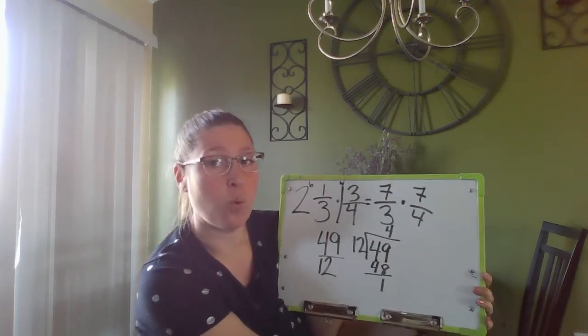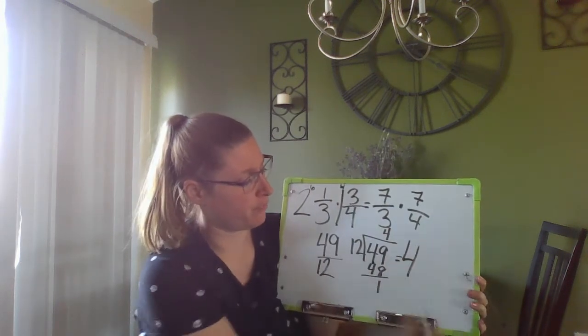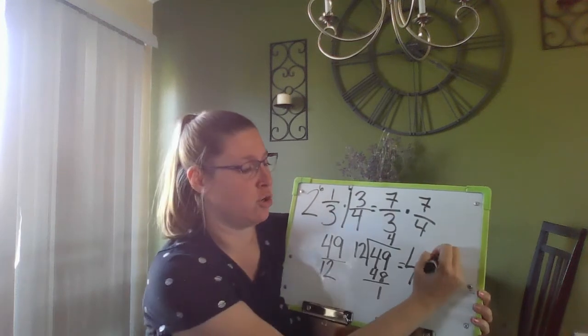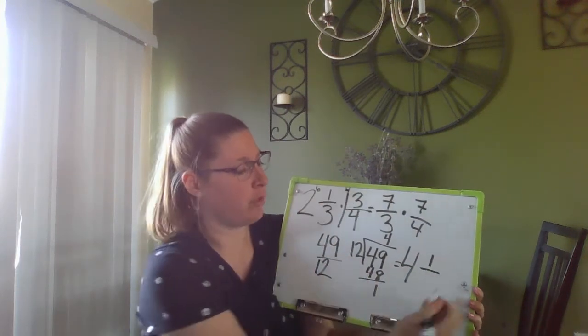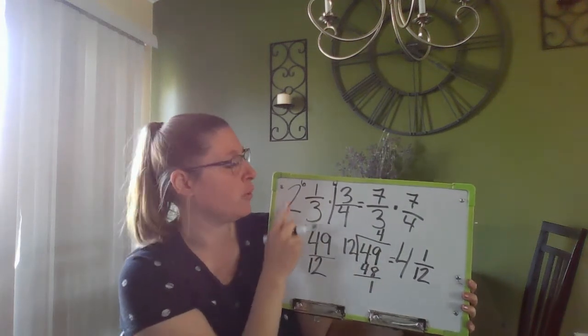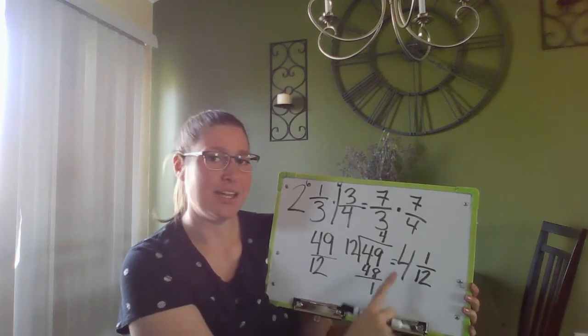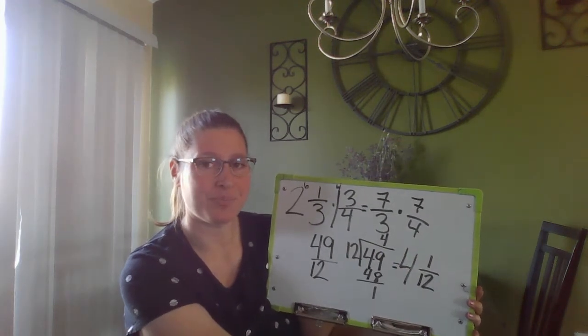I subtract and get 1. 4 is going to be my whole number. 1 is my numerator, and 12 stays my denominator. So 2 1/3 times 1 3/4 is 4 1/12.